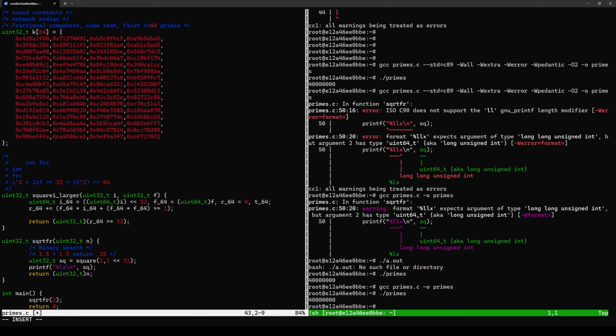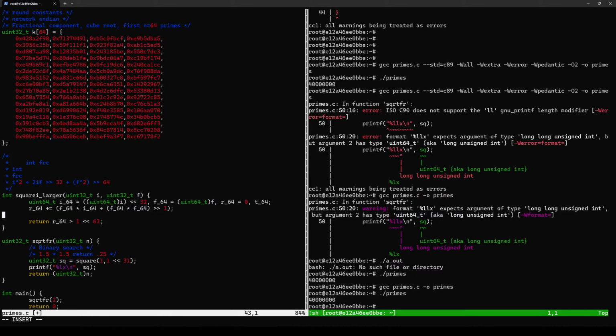So 1 shifted over by 63 is half. Yeah, okay. So return R64 greater than 1 shifted by 63. And that's probably going to turn into an integer.